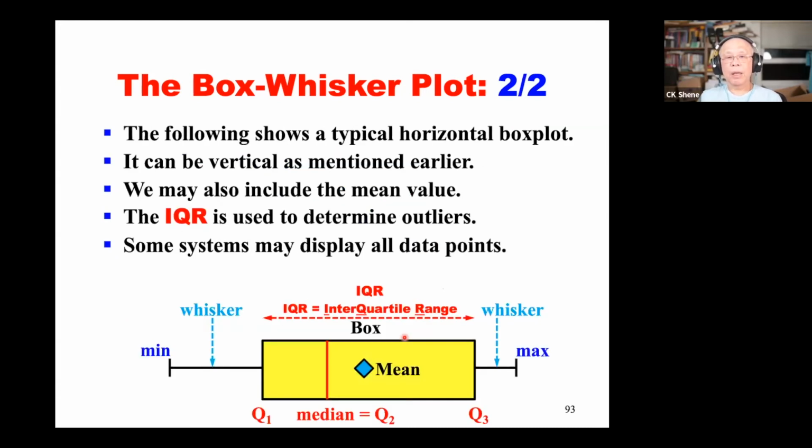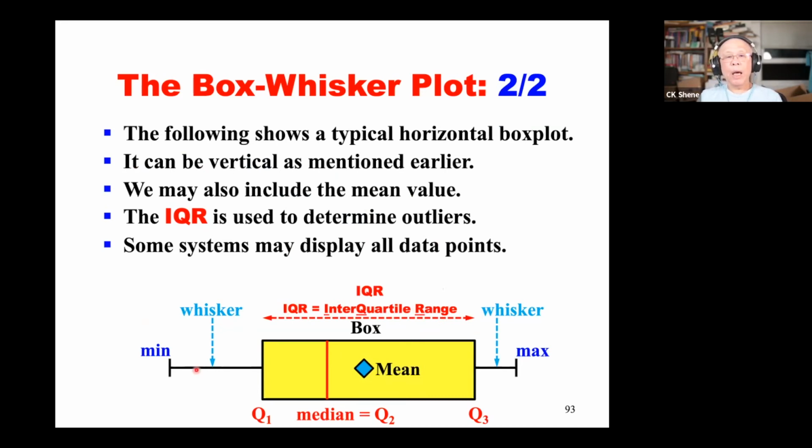Here is an example. We draw a box between Q1 and Q3, and we mark the median Q2 here. We also put the mean value here. So the length of this box is the IQR, interquartile range.